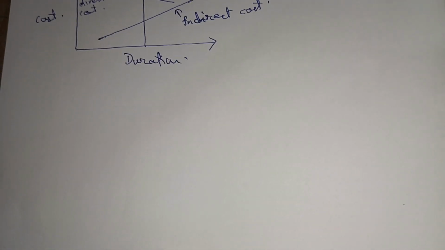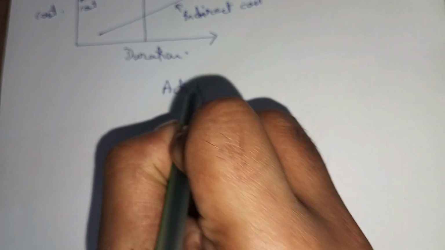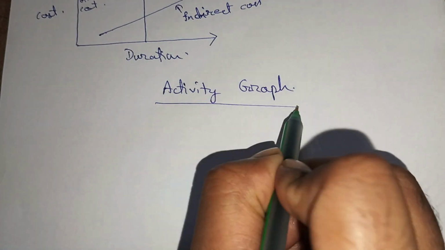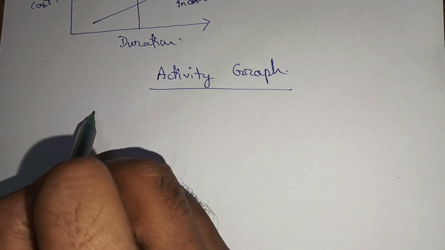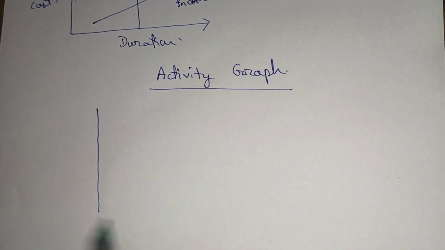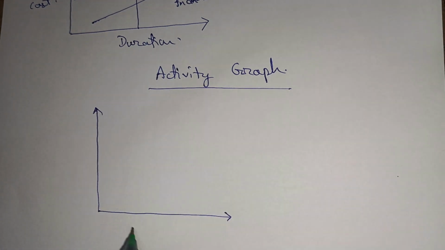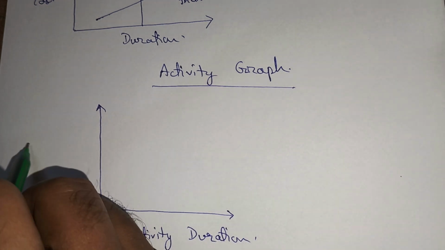Next, we have this activity graph. Now, here for a particular activity, let's say one activity you have, and here also if you plot your duration, this is your activity duration, and this is your activity cost.